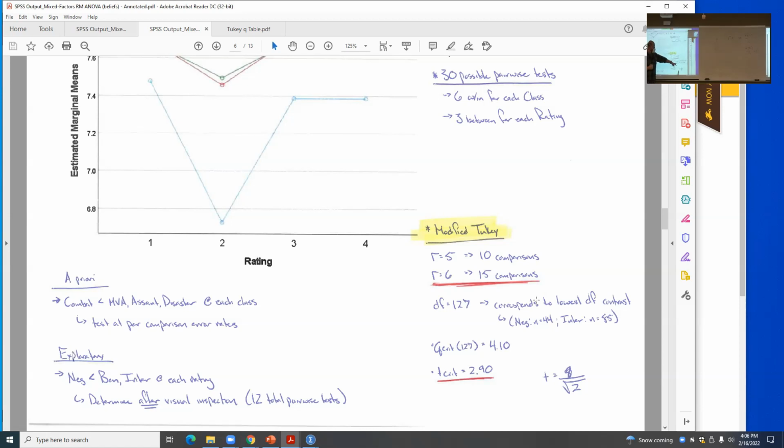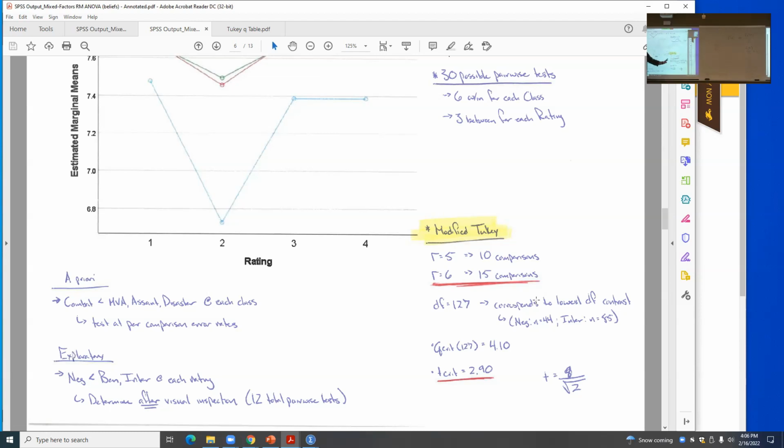My negative group has 44 people. My interpersonal has 45. So if I take 44 plus 85, subtract 2, because that's my degrees of freedom, I get degrees of freedom of 127. Now that's going to underestimate if I compare interpersonal and benevolent, but I'm still going to be conservative. Lower degrees of freedom is going to be a more conservative test.